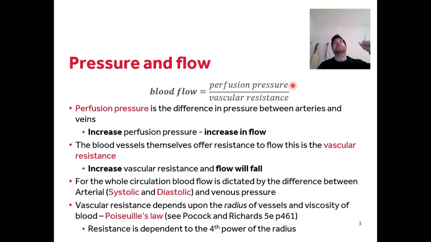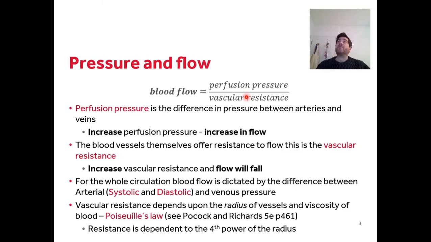If you remember, blood vessels leaving the heart in the arterial system are at high pressure, veins are at low pressure. So that's the driving force, the perfusion pressure. But that's also coupled to the vascular resistance. That's the resistance of the tubes, the circulatory system, to blood flow.